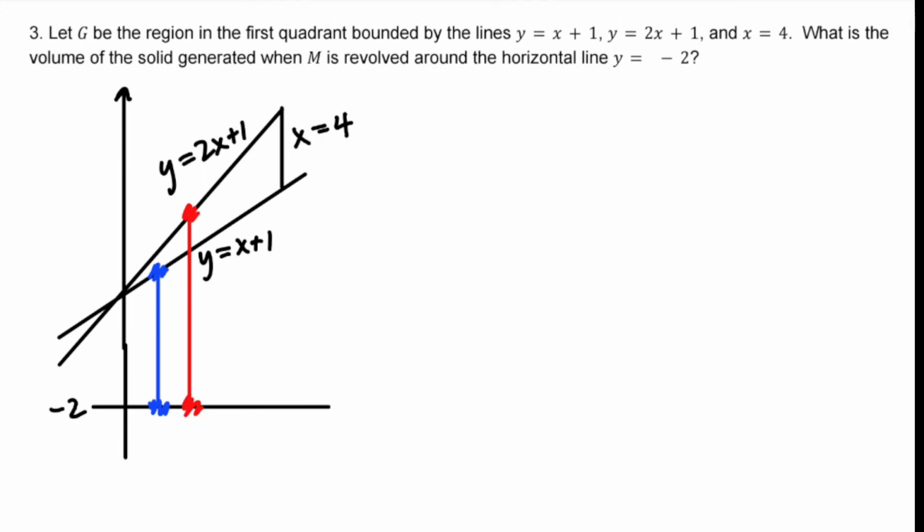If I think about top and bottom, A is going to be 2x plus 1 minus negative 2. That's 2x plus 3. And then B, the small radius, is y equals x plus 1 minus y equals negative 2. So x plus 1 plus 2 would be x plus 3.